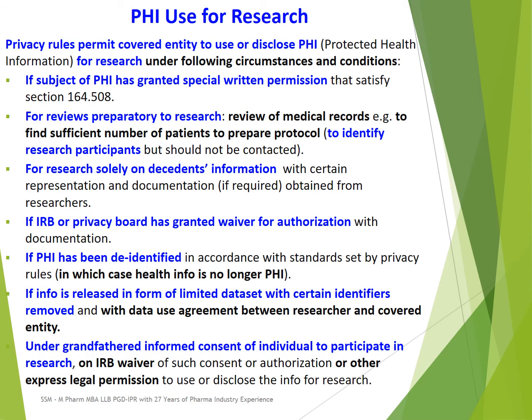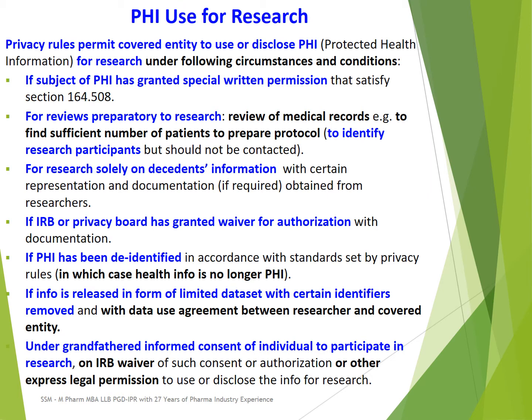Now coming to protected health information use for research. Privacy rules permit a covered entity to use or disclose protected health information for research under the following circumstances and conditions. First, if the subject of the protected health information has granted special written permission.